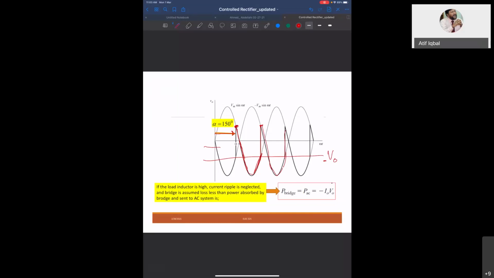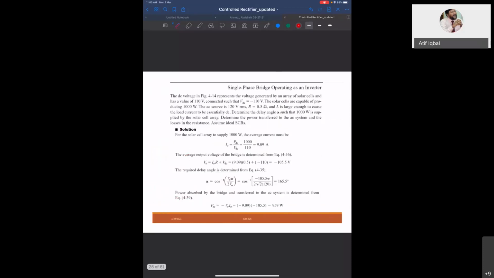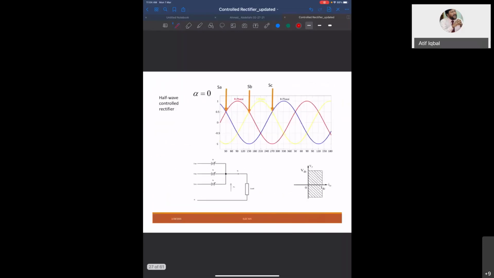There is a small positive portion, but overall it is negative. So the power is transferred from the DC to the AC side. This was the problem that we have already seen, so just a quick recall.